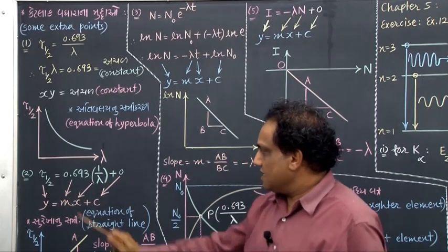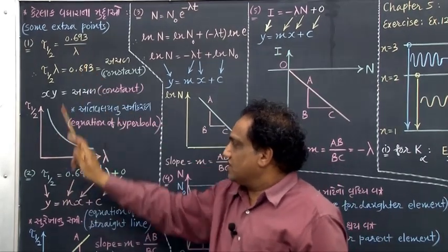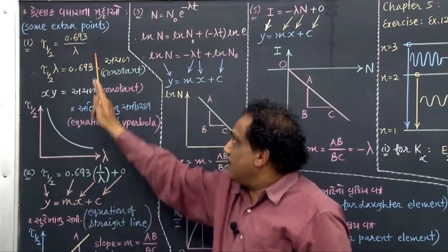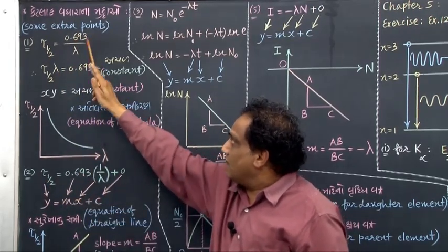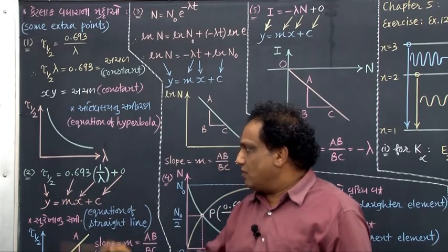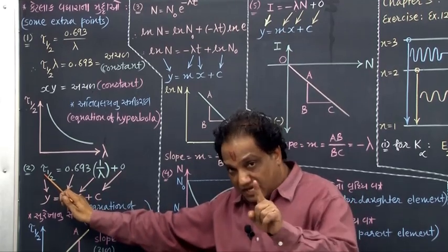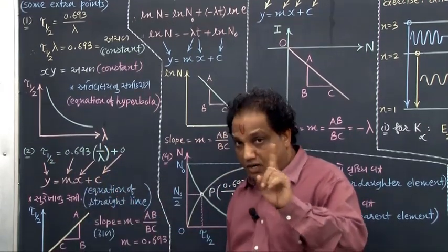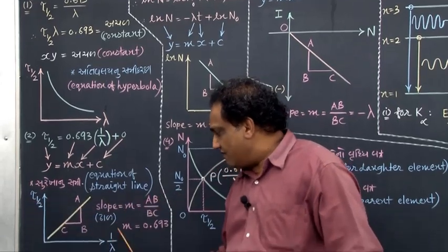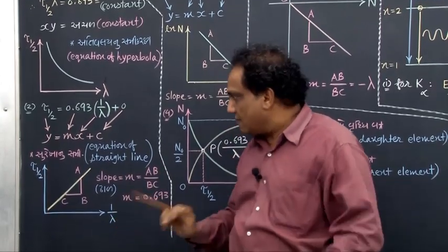Fine. Suppose I am writing the same equation this way. Tau half equals to 0.693 into 1 upon lambda, and plus I am writing 0. Now I am plotting graph of tau half versus 1 upon lambda, not lambda but 1 upon lambda. So tau half on y axis and 1 upon lambda on x axis. Come on.